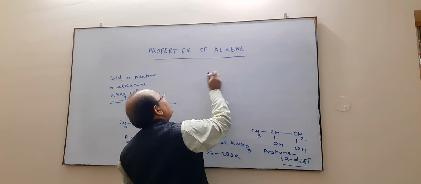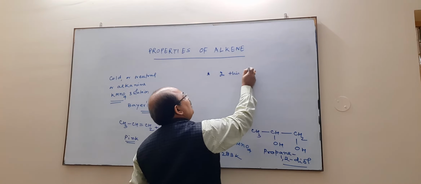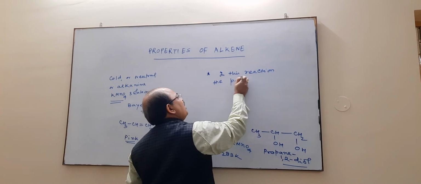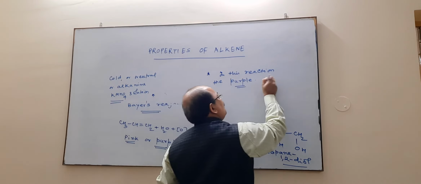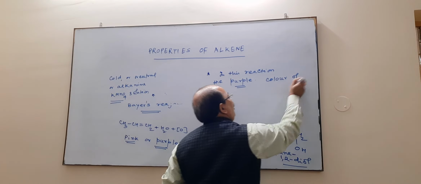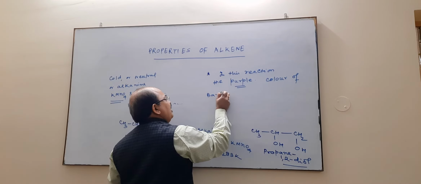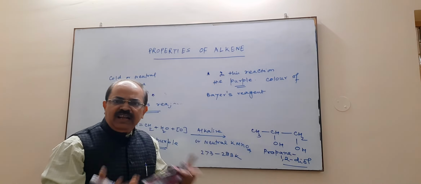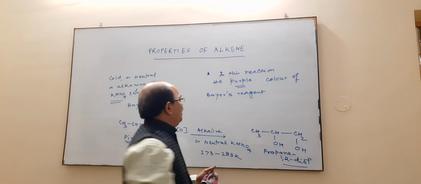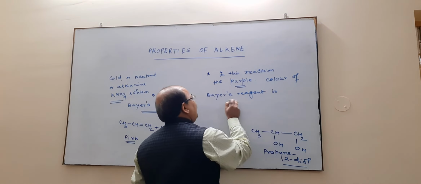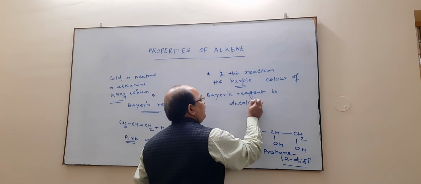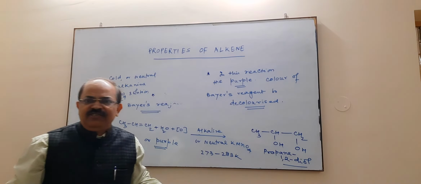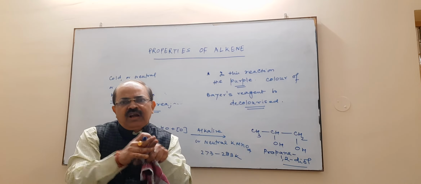So you may write in this reaction, the purple color or pink color of Bayer's reagent, which is your alkaline KMnO4 or neutral KMnO4, is decolorized. ये आपका क्या हो जाता है? डीकलराइज हो जाता है, यानी उसका रंग जो है वो गायब हो जाता है.